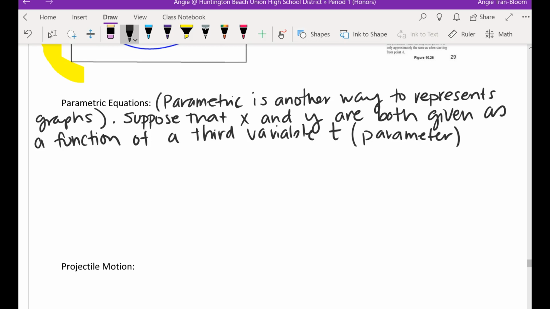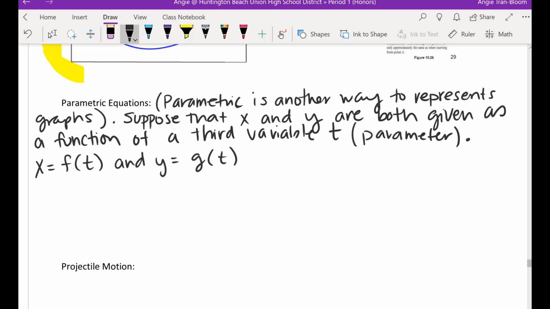T is the parameter. Hence, this is called parametric. So the two equations are x equals something in terms of t, and y equals something in terms of t. So t is the input for both x equals and y equals. Remember, these are now two equations, and both equations have an input called t.